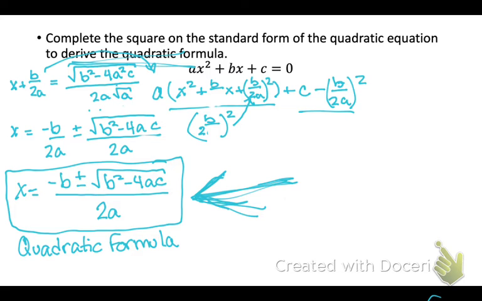So every time you use it today, you're going to write it: x equals negative b plus or minus the square root of b squared minus 4ac all over 2a. Where does the b over 2a come from? The vertex. The x value of the vertex, the h of the vertex, right?